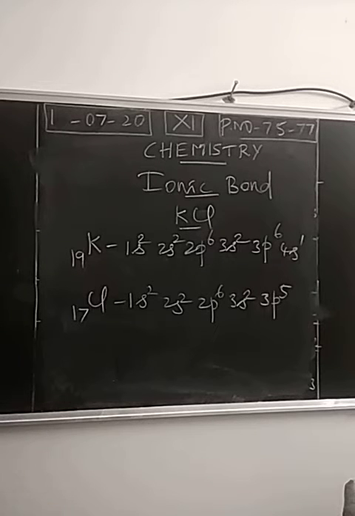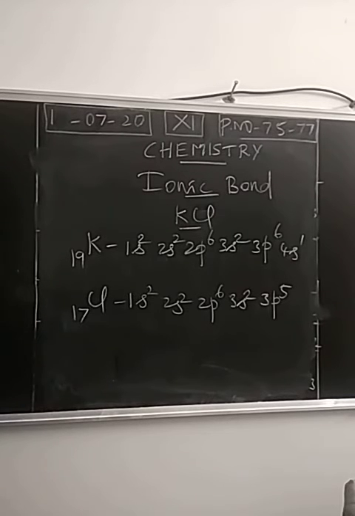How do they achieve the electronic configuration of a noble gas? As we discussed in previous classes, an electron can be transferred from one atom to another, or atoms can mutually share electrons. Thereby they achieve the electronic configuration of their nearest noble gas. So stability is attained by either transfer or sharing of electrons.